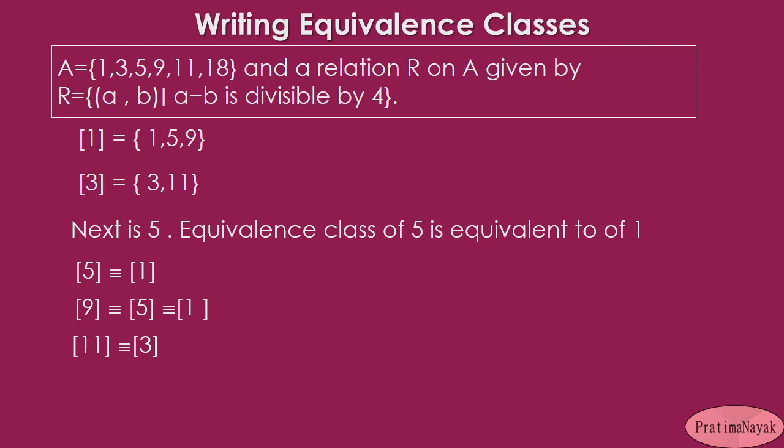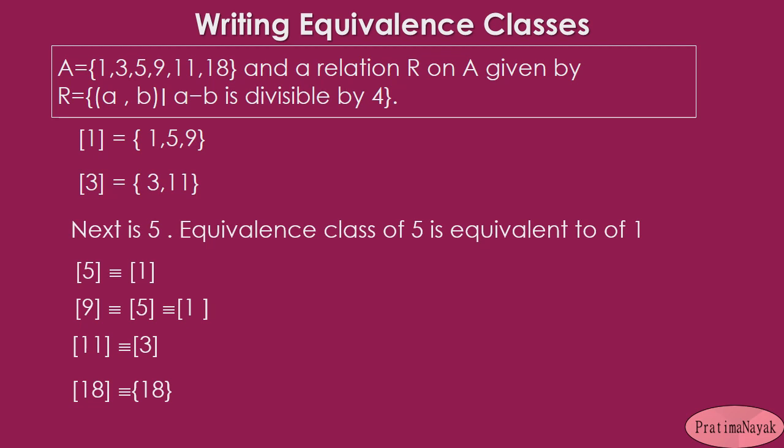So 1 finished, 3 finished, 5 finished, 9 finished, then coming to 11. We see 11 is connected with 3. So the equivalence class of 11 is also the equivalence class of 3. They are equivalent.